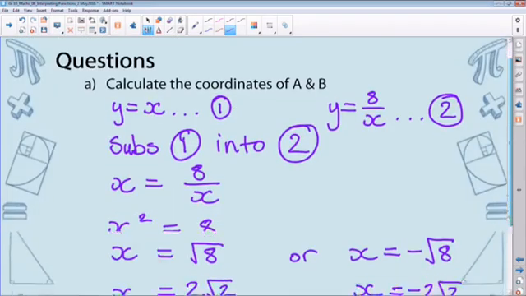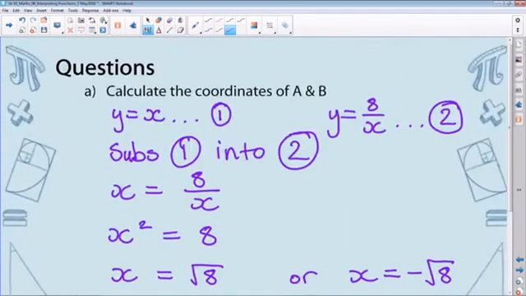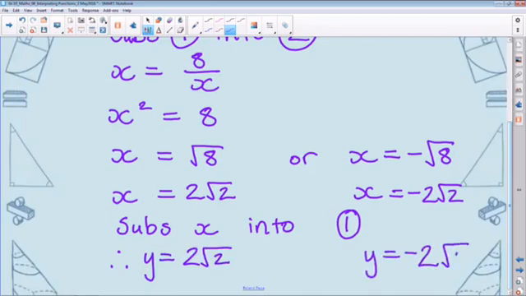And I'm going to say over here, substitute x into equation 1. Why have I chosen equation 1? Because equation 1 really is the easier one. y = x. So therefore, y will either be 2√2 or y is going to be -2√2.